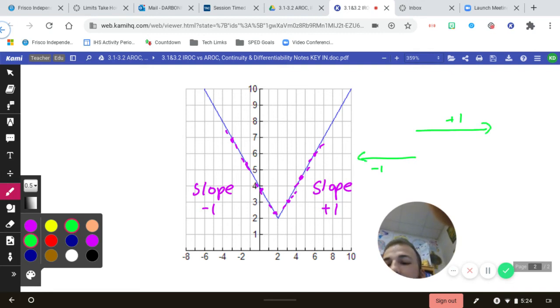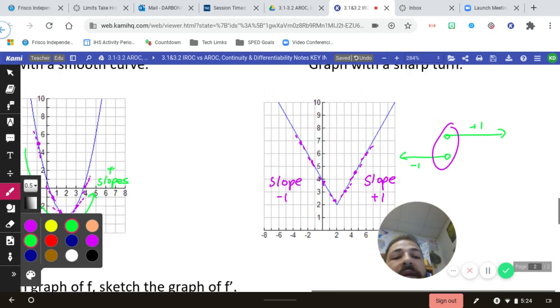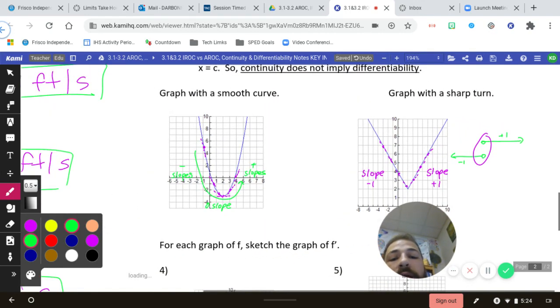So what's going on here? I would have a jump discontinuity. The key thing that I want you to get at is that graphs with smooth curves, smooth points, continuous functions, I can take my derivative. I can take my derivative specifically at those smooth curves, those rounding out points.